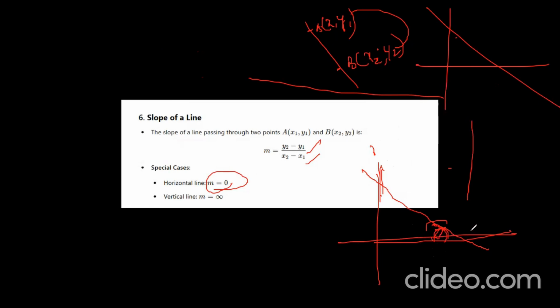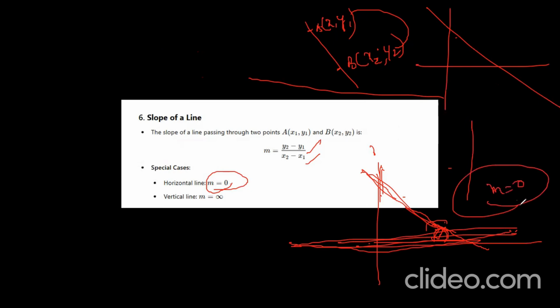So if the slope is 0, this line is going to fall onto the x-axis, or this line coincides with the horizontal line. So for a horizontal line the slope becomes 0, because it is not making any angle in the anti-clockwise direction with the x-axis. The slope becomes 0 means it is making a 0 angle.